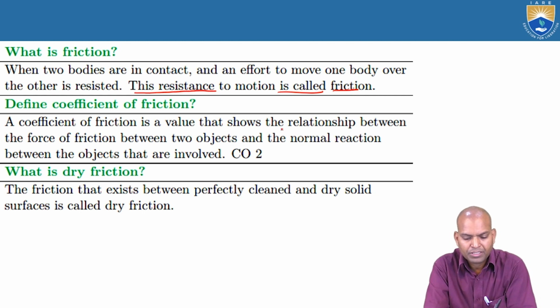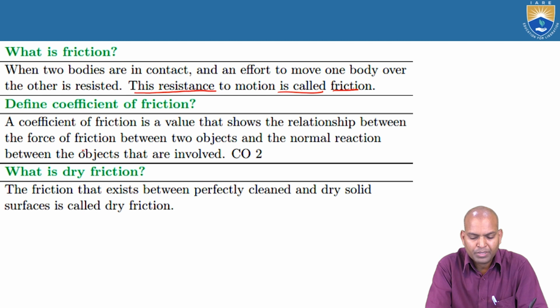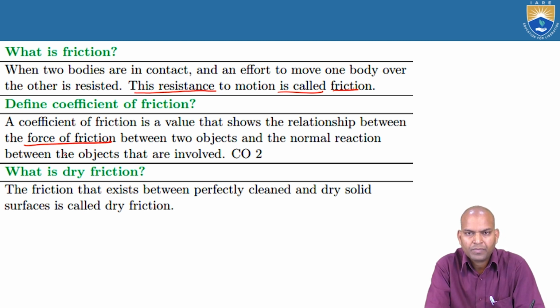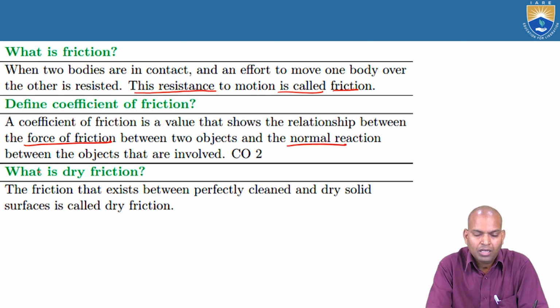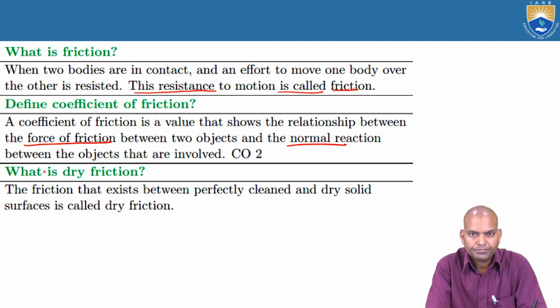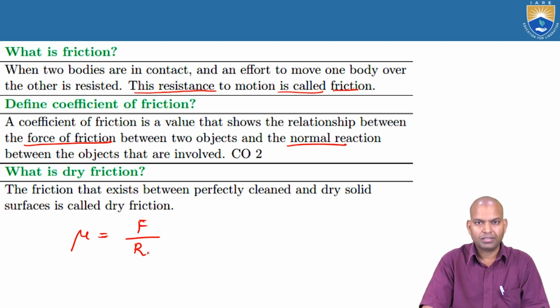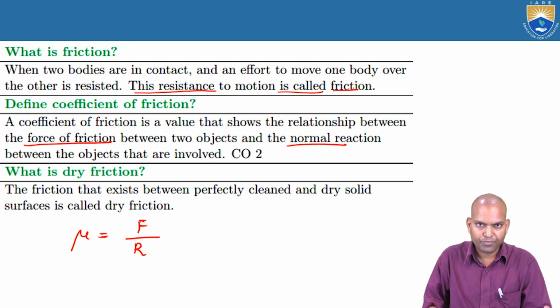It relates two things: the force of friction and the normal reaction. The coefficient of friction is denoted by mu. Mu equals the force of friction F divided by the normal reaction R. Mu equals F by R.